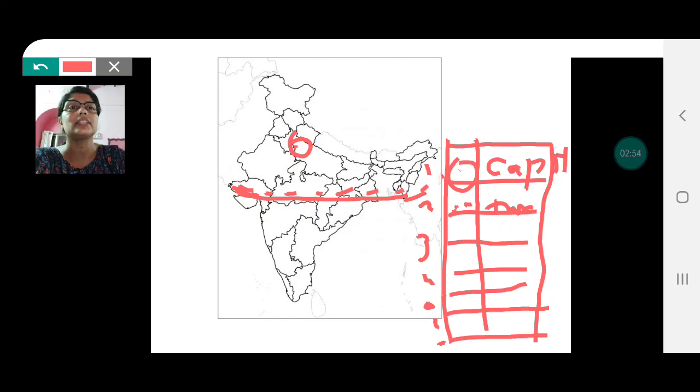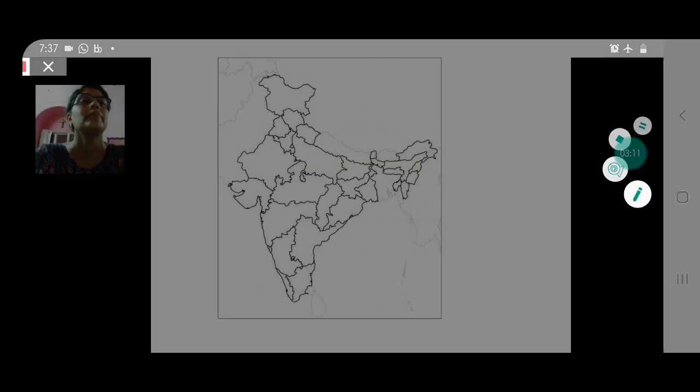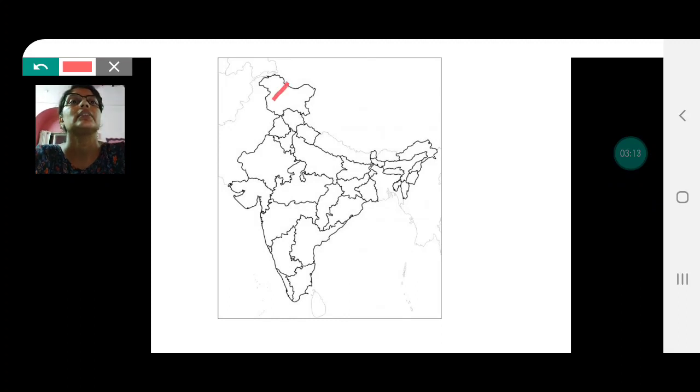The third is K2, the highest peak. Now what you see here, that is in Jammu Kashmir on this side. So I'm taking it as a triangle, a little tinier one. Children, you'll have to excuse me with the marker not being so appropriate.